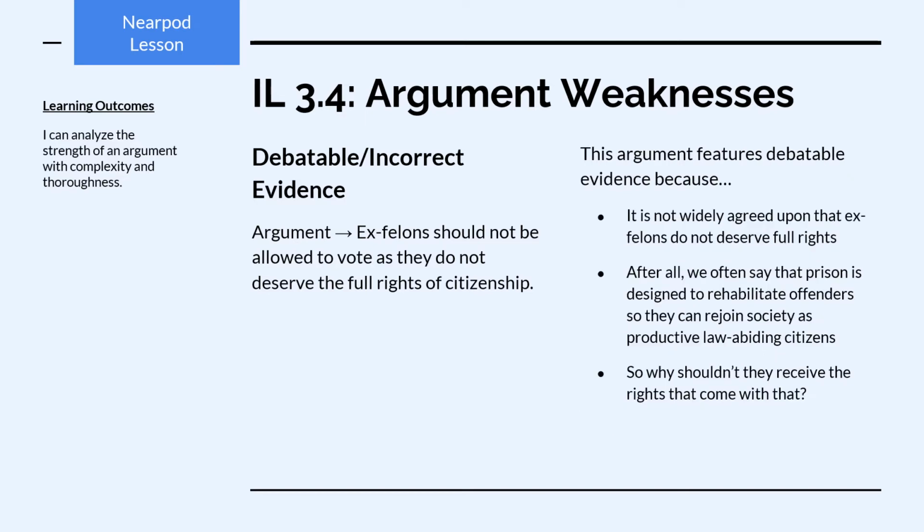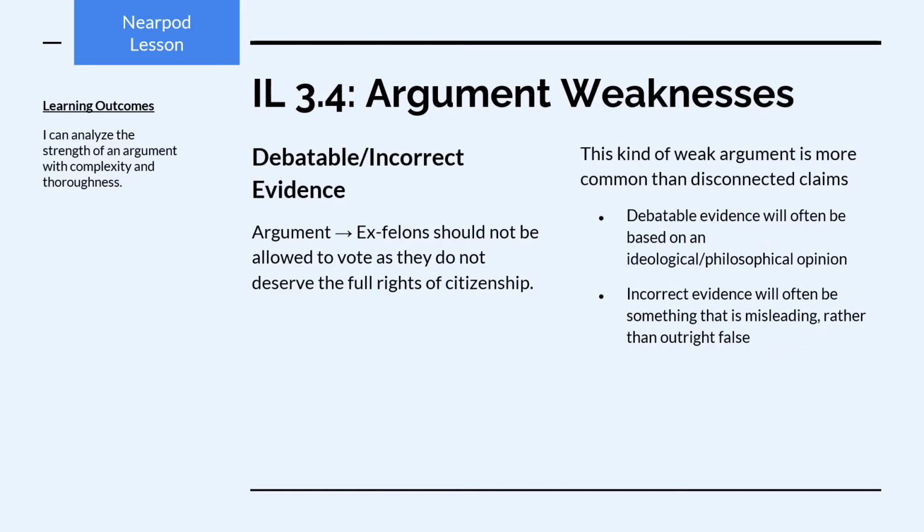This argument features evidence that is debatable because it's not widely agreed upon that ex-felons do not deserve full rights. After all, don't we often say that prison is designed to rehabilitate offenders so they can one day rejoin society as productive law-abiding citizens? So why shouldn't that come with the rights that everyone else enjoys?